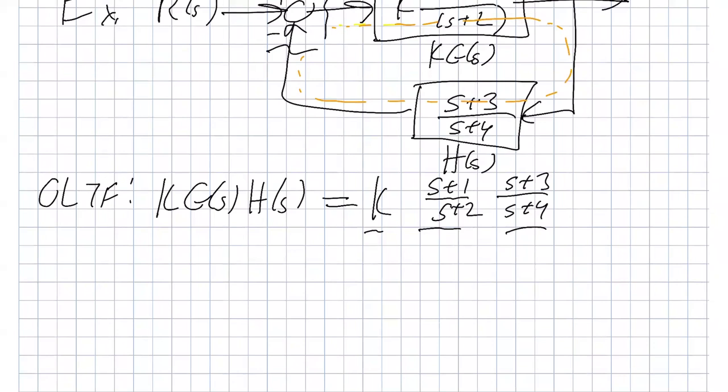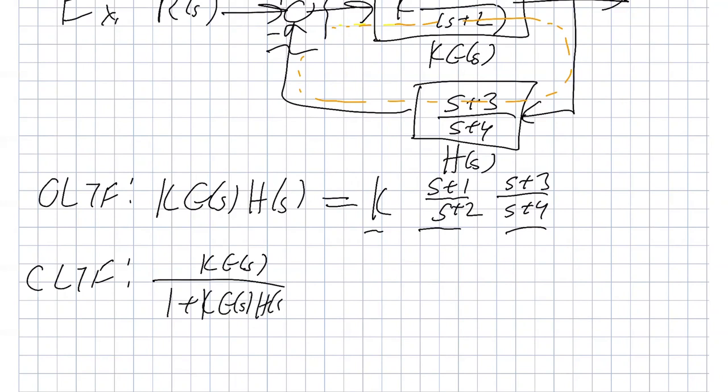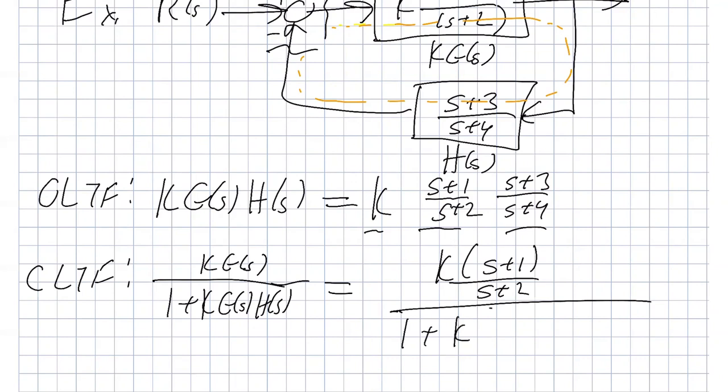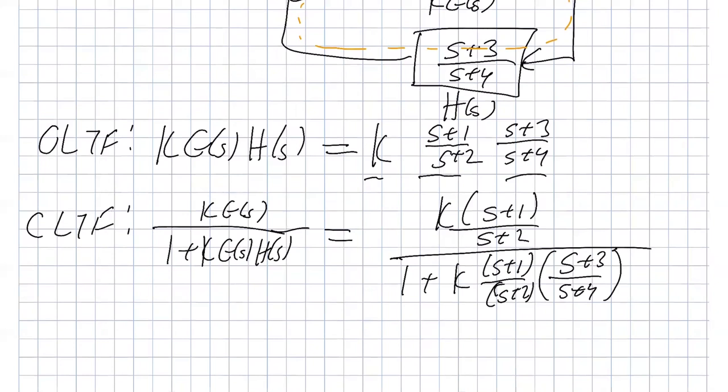Our closed loop transfer function is k G of s over 1 plus k G of s H of s. So this is k times s plus 1 over s plus 2, over 1 plus k times s plus 1 times s plus 3 divided by s plus 2 times s plus 4.